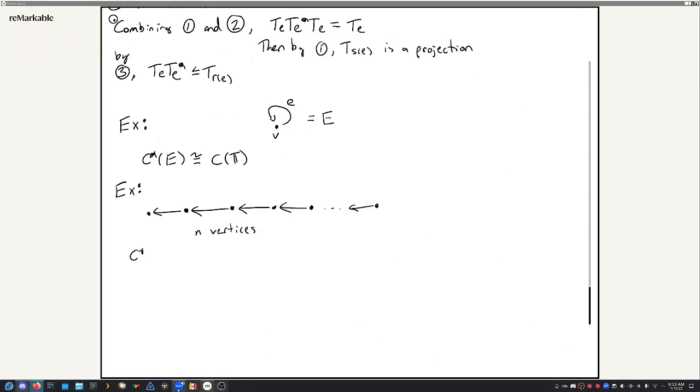Then C star of E is isomorphic to the n by n matrices.